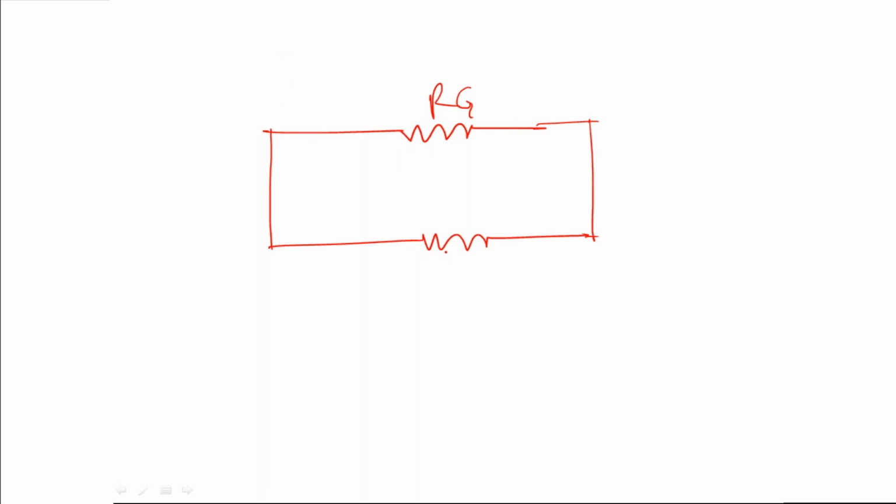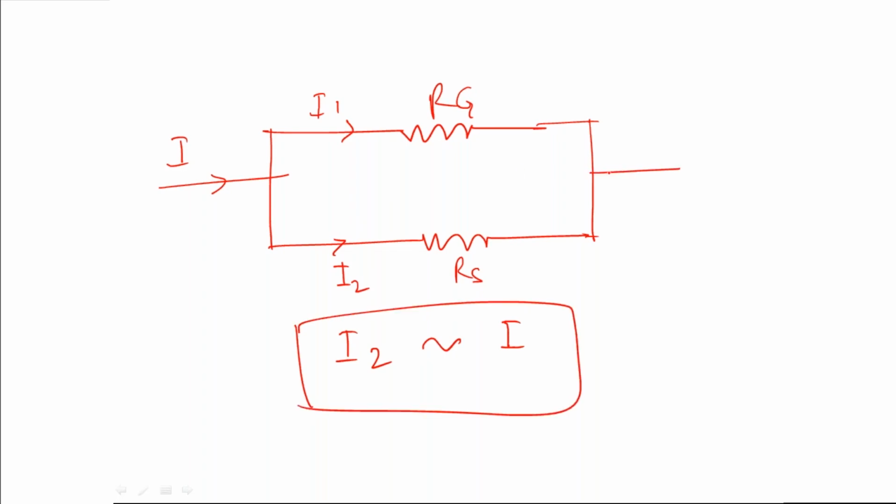Suppose there is some current I, so there will be I1 through this and I2 through this, and I2 is nearly equal to I. This is what we have seen. It is connected in series, so almost the whole current will pass this way. This is how you can use the galvanometer as an ammeter.